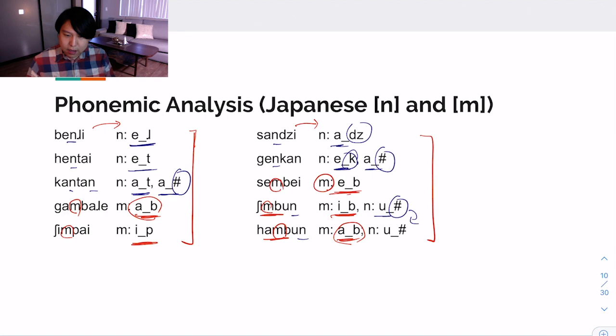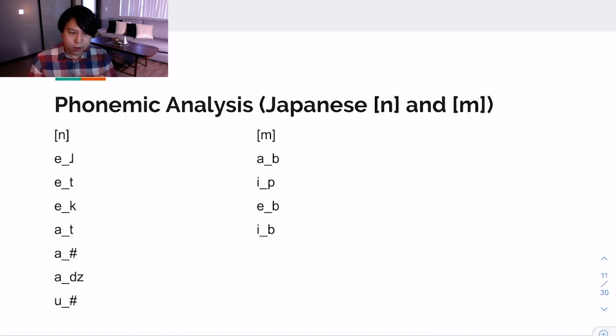Okay, you categorize, list them in 2 different rows. So for N, there are these 7 different environments available for this N to exist. For M, there are these 4 environments.